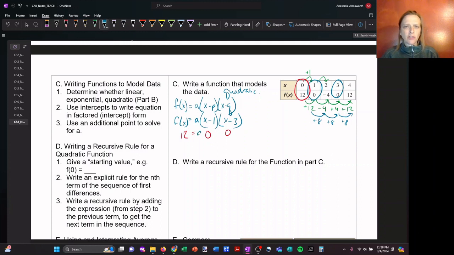And the rest of my equation will stay the same. I'll subtract 1 here and I'll subtract 3 here. And I'll end up with 12 equals a times negative 1 times negative 3. Negative 1 times negative 3 is positive 3. So 3a equals 12, which of course means that a equals 4.